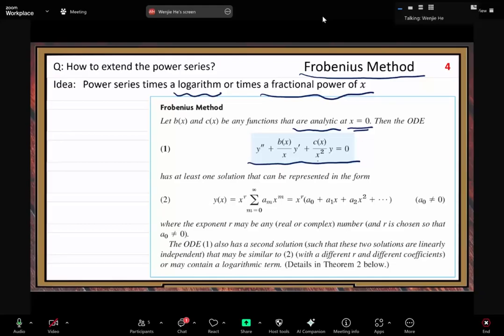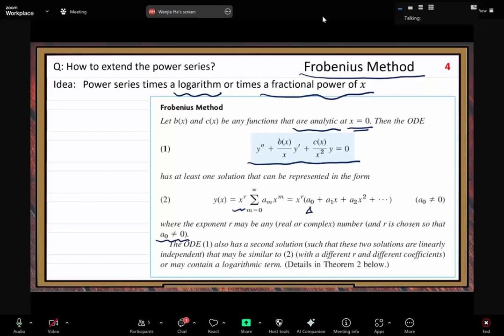Then the ODE, in standard form, has at least one solution that can be represented in this form, x to the r, where the exponent r may be any real or even complex number, and r is chosen so that a0 is not equal to 0.